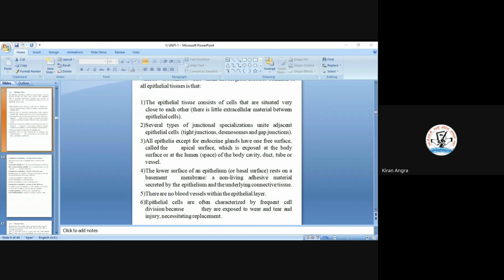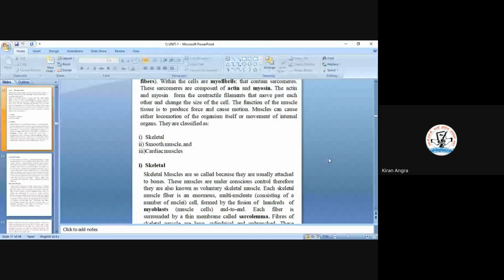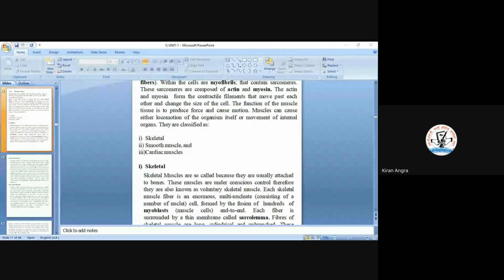If you want to walk, you stand and start walking. Some are locomotion, others are movement of the internal organs. These are classified as skeletal, smooth, and cardiac muscles. This is the classification of muscles.